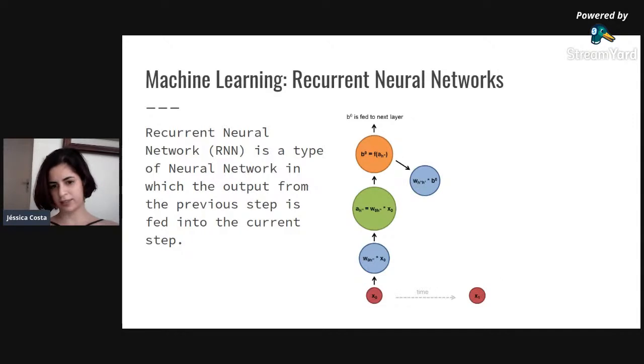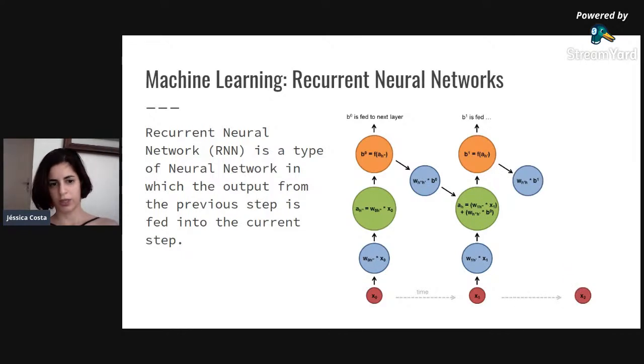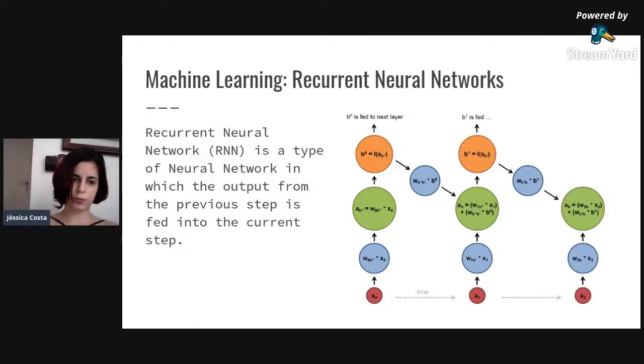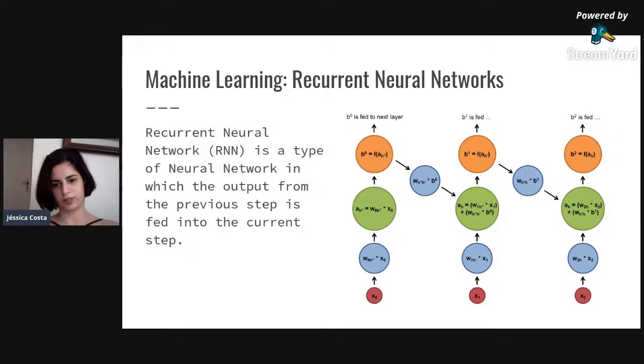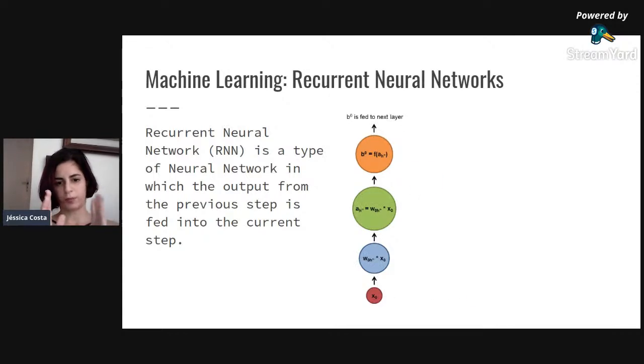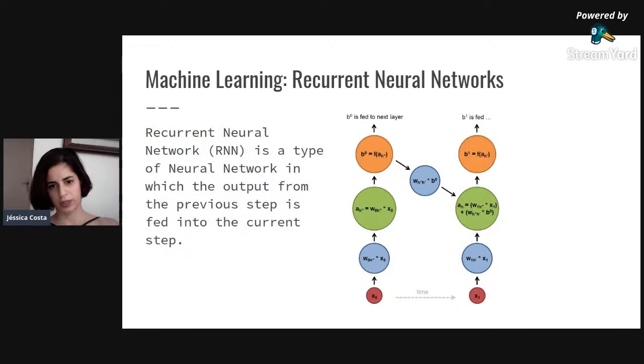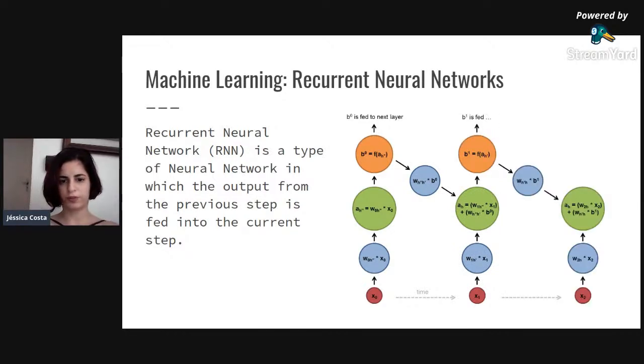For the next layer, the next x1, we use the previous steps and the current steps, and many epochs. Okay, we have a first result. The next layer uses the output from the previous step.